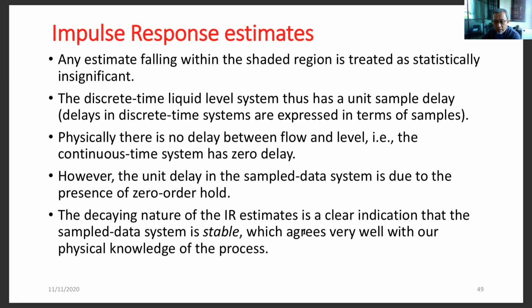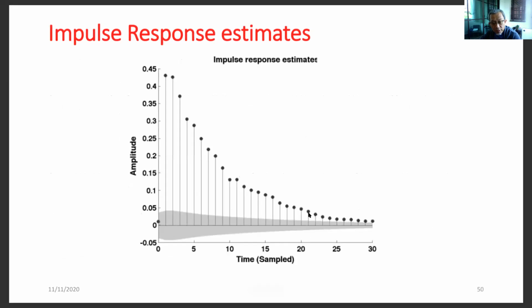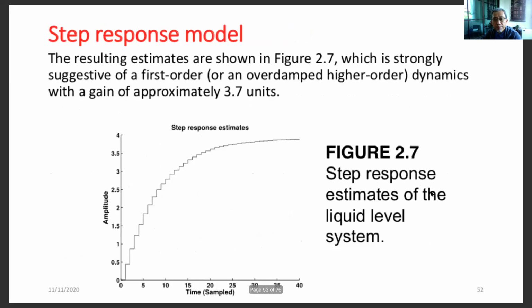So this clearly indicates that the sampled data system is still stable, which agrees very well with our physical knowledge of the process. So, as I said, it starts from 0, 60 seconds, second sample, 120 seconds, and so on. This is all the sequence based on the time base.